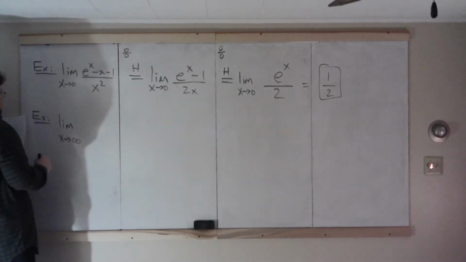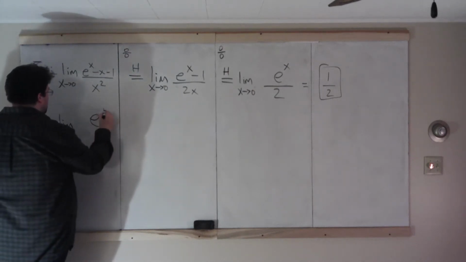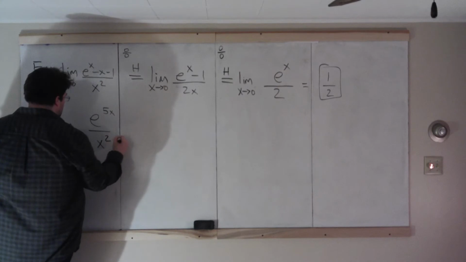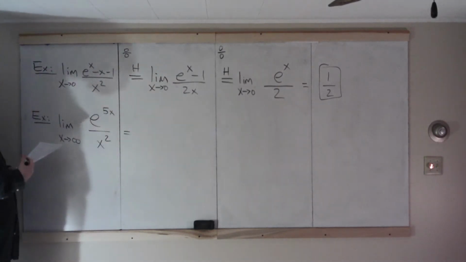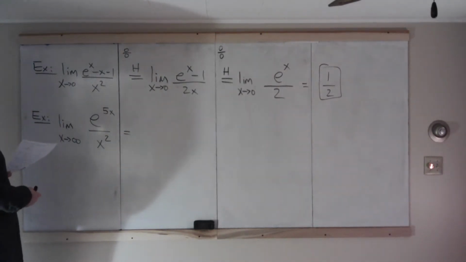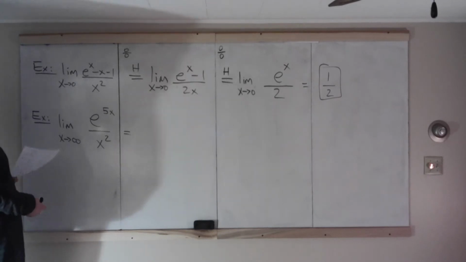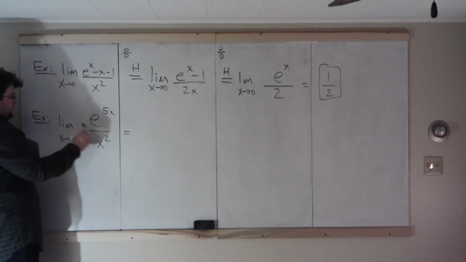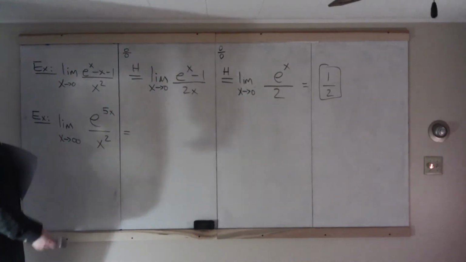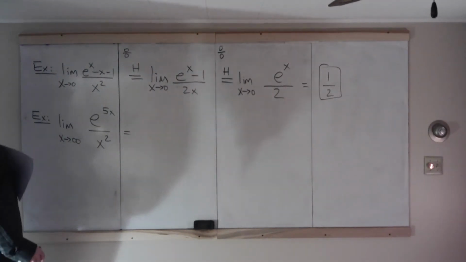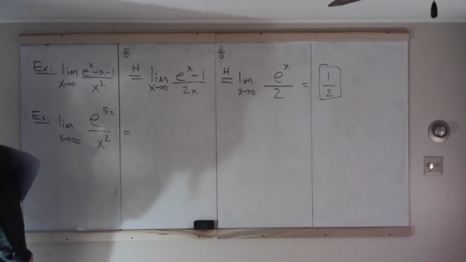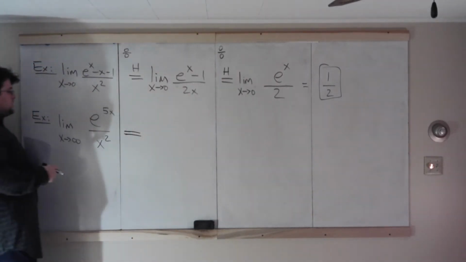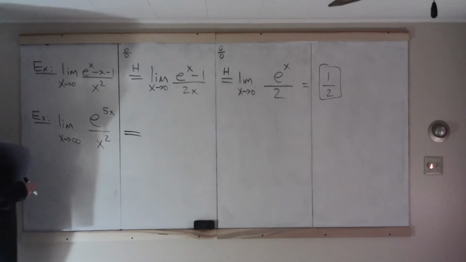L'Hopital's rule also applies to limits as x goes to infinity, provided that it still takes one of those forms. There's no direct substitution with infinity, but taking one of the forms means letting the limit on top go to infinity and the limit on the bottom go to infinity. If it's a 0 over 0 or an infinity over infinity, you can apply L'Hopital's rule. Here we have the limit as x goes to infinity of e to the 5x over x squared.